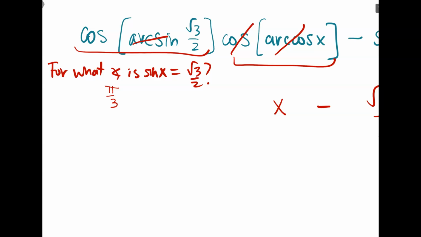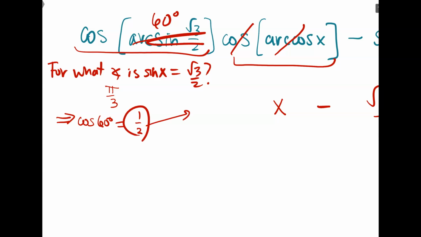So if I replace this whole thing with 60 degrees, I solved. I know what arc sine root 3 over 2 is. It's 60 degrees. Plug that in. Now, what is cosine of 60 degrees? It's equal to 1/2. So that's what I bring over here. I have 1/2 times x.